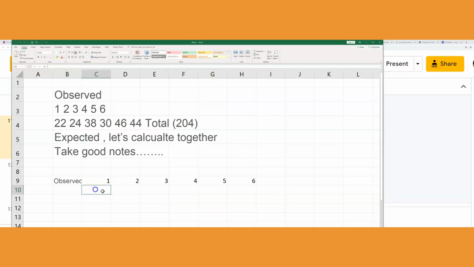Okay, so what are we going to do here? This time, I'm using the same data from the gentleman I showed you earlier: 24, 38, 30 for number 4, and also 46 and 45.